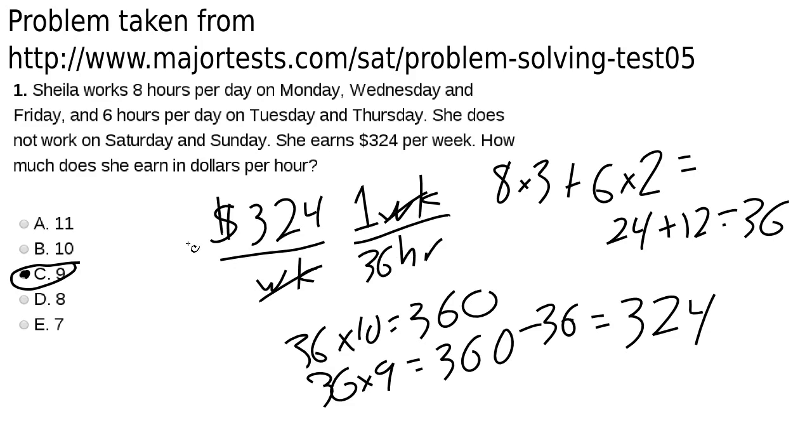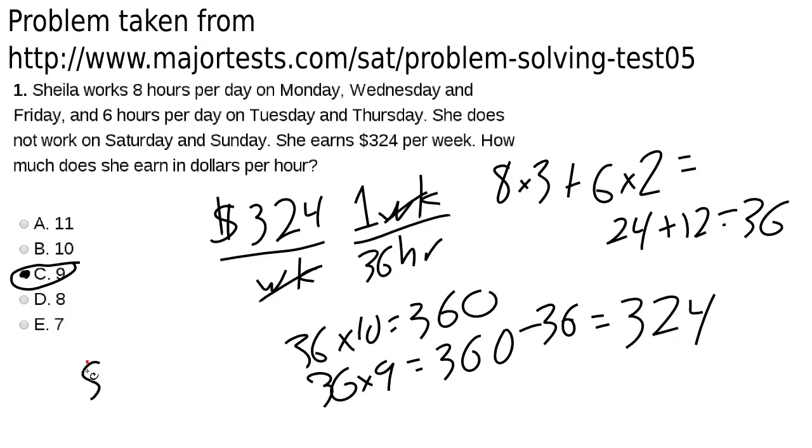But the one thing that I would want to check is, is this within the realm of possibility? Somebody working 8 hours some days and 6 on others, she's averaging somewhere in the vicinity of 7 hours per day, 5 days a week, roughly 35 hours a week, at $9 an hour. 9's a little bit less than 10.